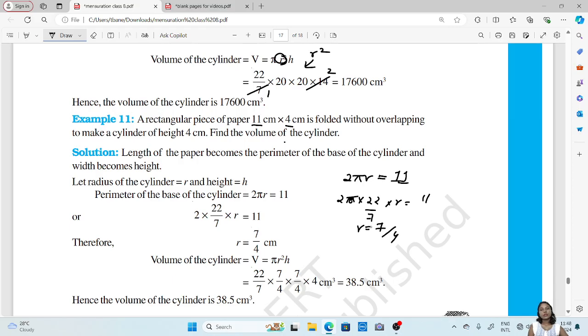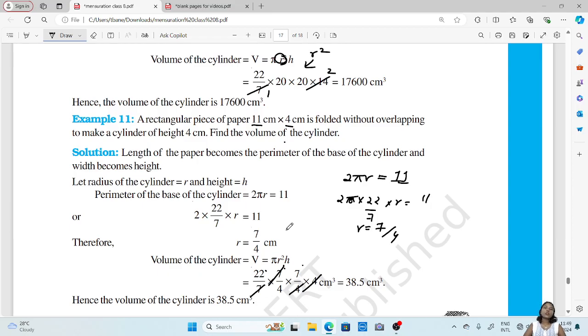This then you substitute in the volume of cylinder formula like this. So 22 upon 7, 7 over 4 and 7 over 4. This 7 and this 7 you cancel out. This is into 4, right? So this and this you can cancel out. And the rest will give you 38.5 centimeter cube. Hence, the volume of the cylinder is 38.5 centimeter cube.